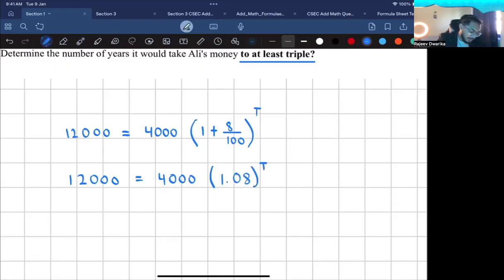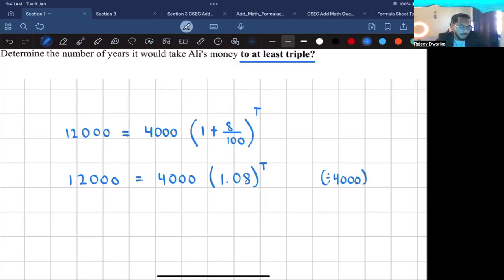And is there anything I could divide by throughout that would help simplify? What is the greatest common factor? What's a number that could go into both 12,000 and 4,000? The biggest number that could go into both of them? 4,000. So I would divide throughout by 4,000 to simplify as much as possible.